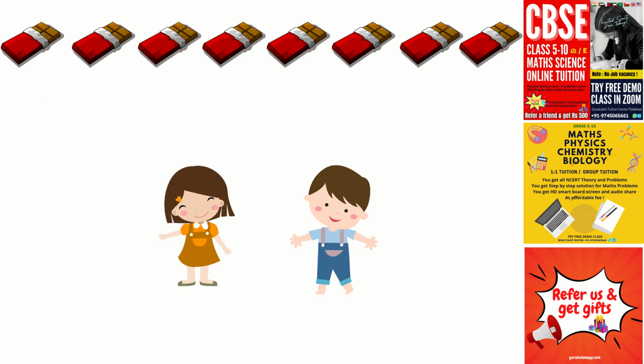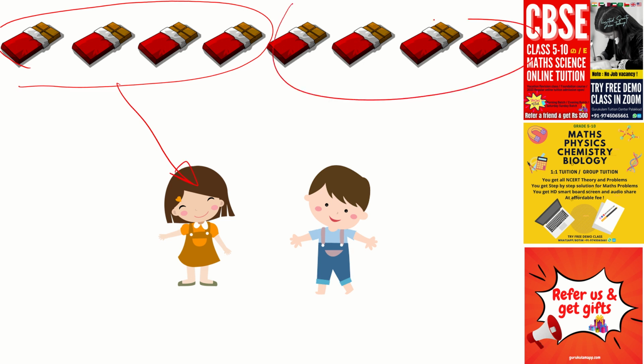We can divide these 8 chocolates among these two children. The first child will get 4 chocolates, and the next child will get 4 chocolates. So these 8 chocolates are divided equally among these two children.